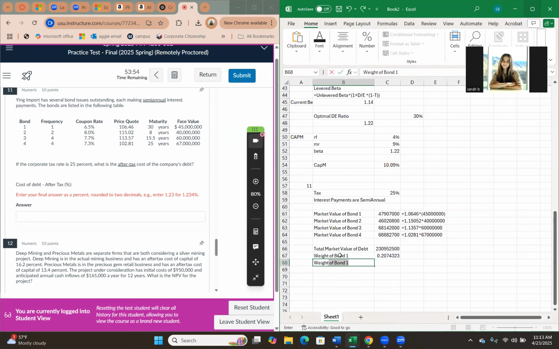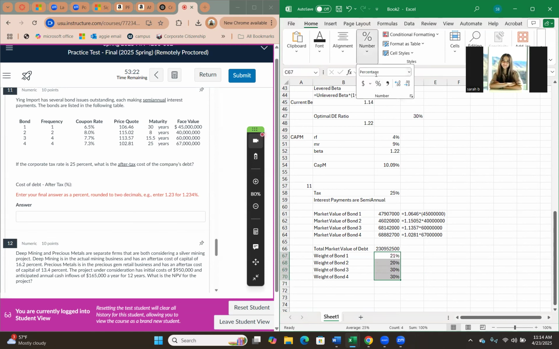Then I'll do weight of bond 2: market value of bond 2 divided by total market value. Weight of bond 3, again, bond 3 divided by total market value. And then weight of bond 4. Sweet. I can turn all these into percents if we like. Okay, so those are the weightings of each of these.